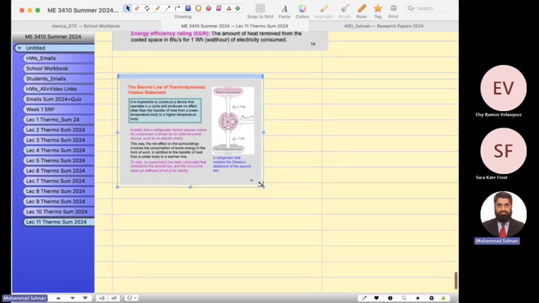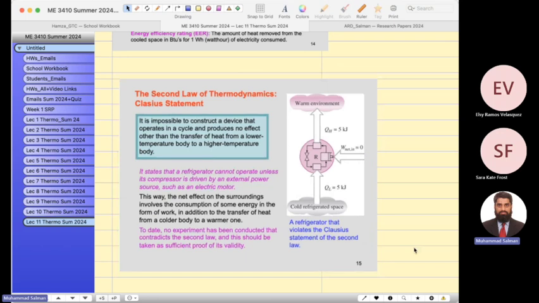Now the Clausius statement. Clausius statement is for refrigeration cycles: the refrigerator cannot work unless you spend some work. It is impossible to construct a device that operates in a cycle and produces no effect other than the transfer of heat from a low temperature body to a high temperature body. You have to spend some energy.